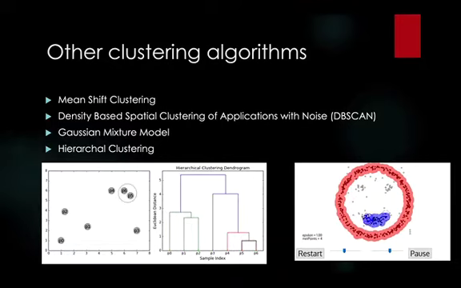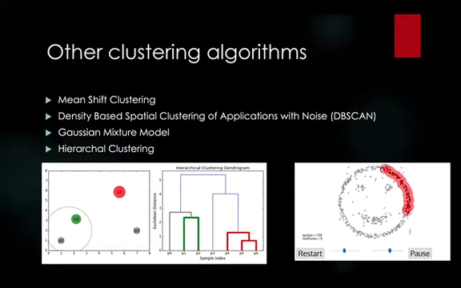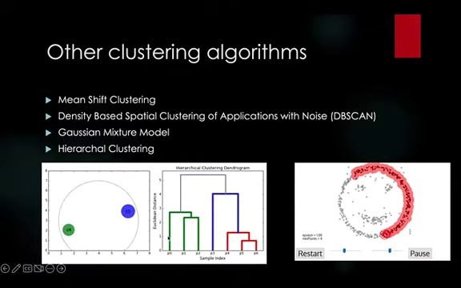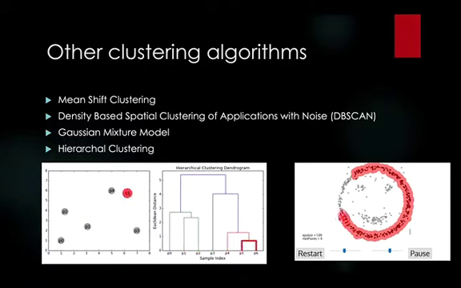The Gaussian mixture model just deals with Gaussians, and it's a different way to cluster data instead of using distance. And then hierarchical clustering is a way to cluster data, and it works really well when we could have a possible number of clusters. We can see that in the animation on the right, where we cluster things together based off how close they are.